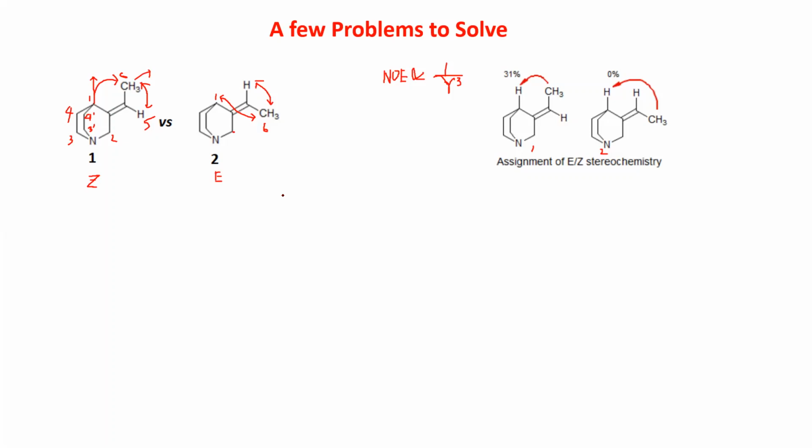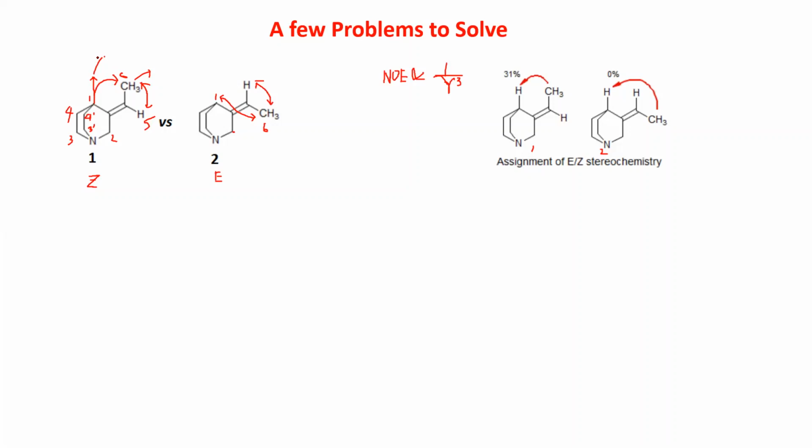Now you do the NOE experiment. You do a special experiment: irradiate properly, selectively, the peak position where you are getting this proton, and see the NMR again.